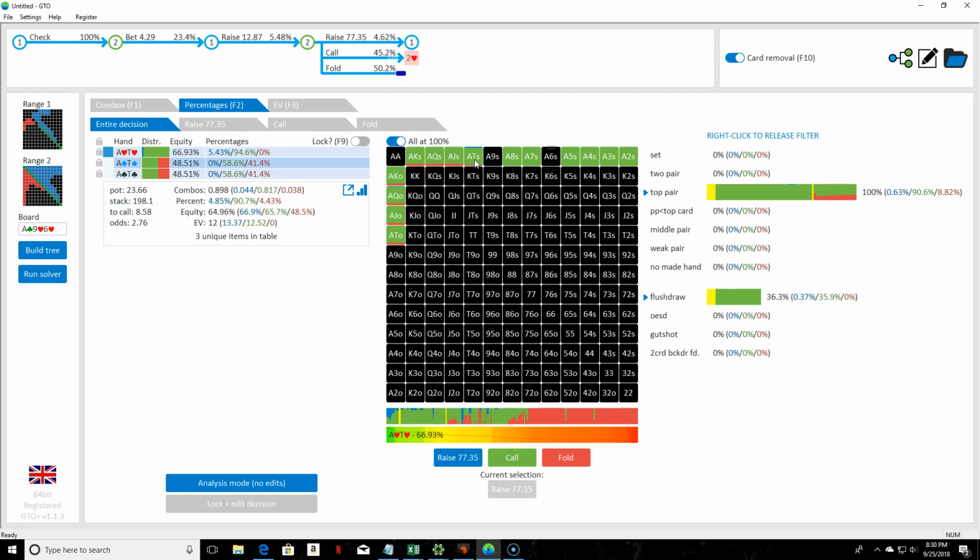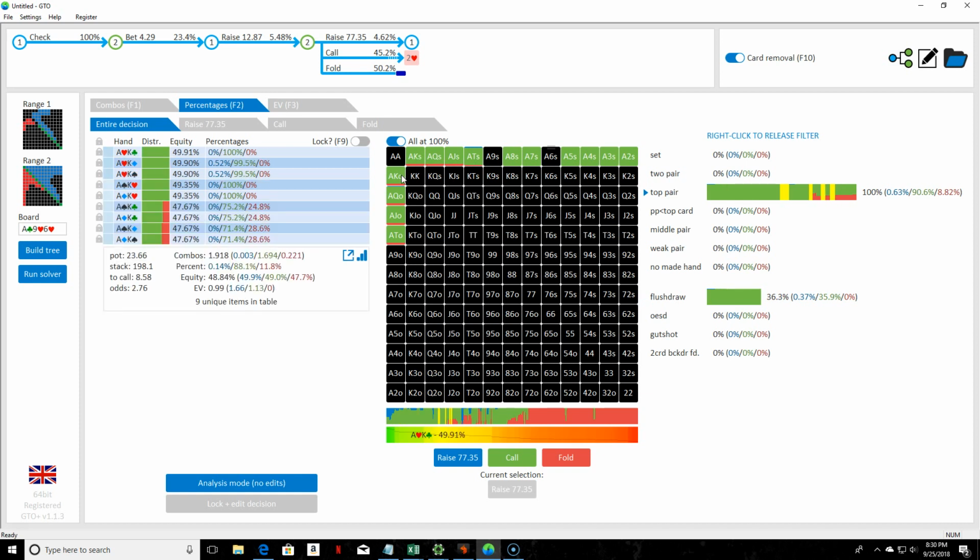Just so you see, like here, ace 10, we can be folding the diamonds and the spades, but not the hearts. Same thing with all of these here. Anything that doesn't have a heart, we could be folding to a raise, which makes sense. That's hard to do, but it makes sense.